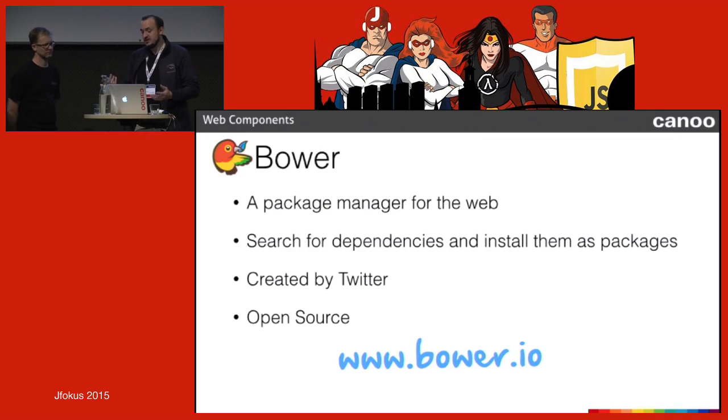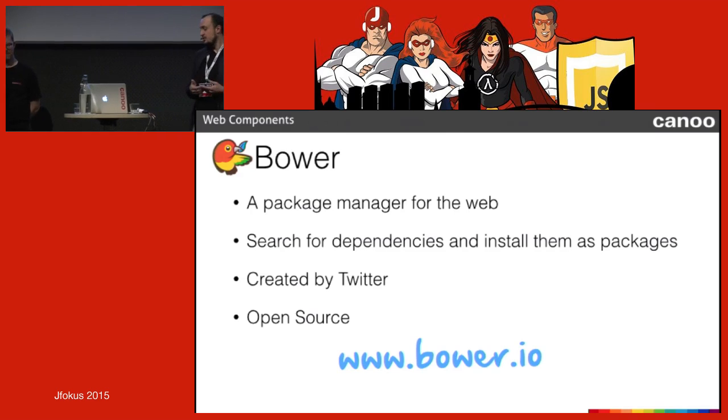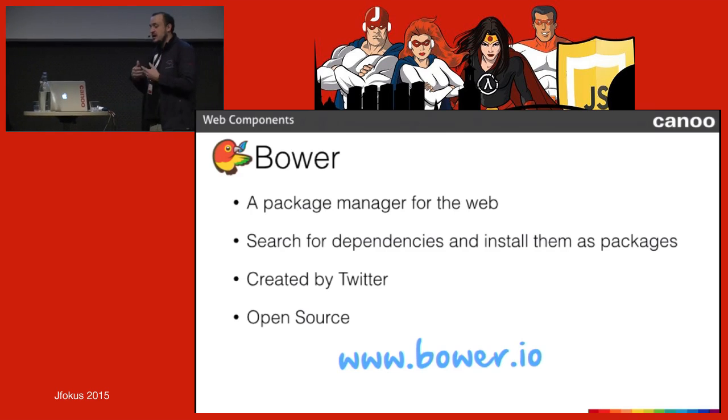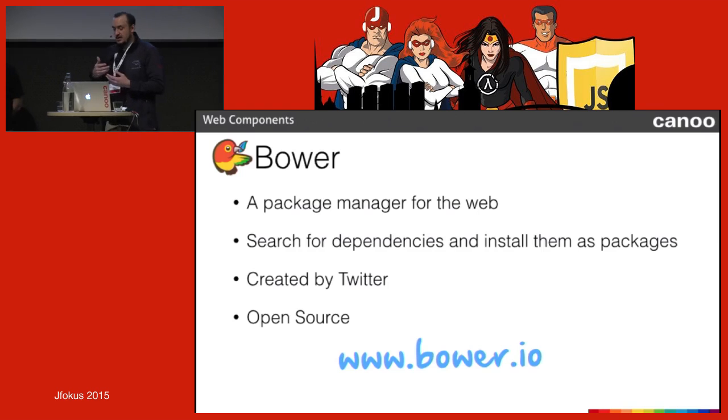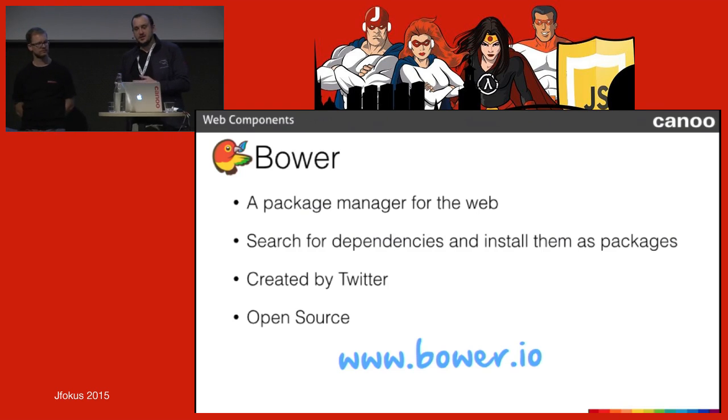We will use it in our talk, and therefore we want to introduce it. It's created by Twitter and it's open source, and by using Bower, you can define dependencies of your application, and then Bower will automatically install these dependencies for you in your project.